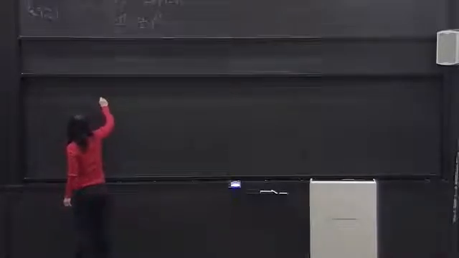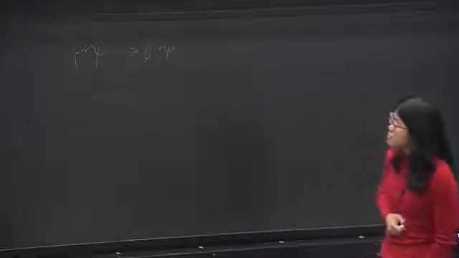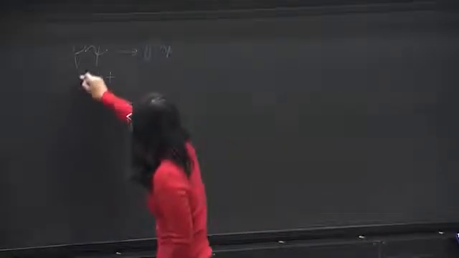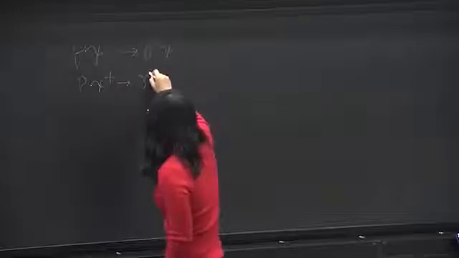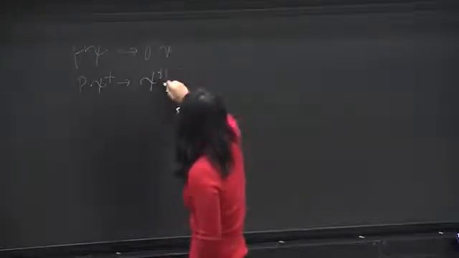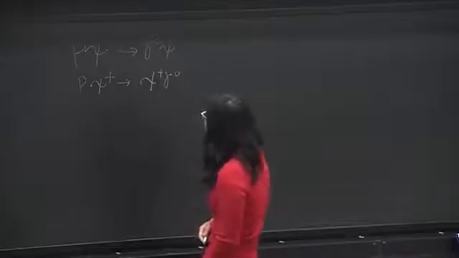It's not complicated. This guy goes to gamma 0. It's good to know. Let's see what happens to gamma dagger then. Well, it goes to gamma 0 dagger, gamma 0.